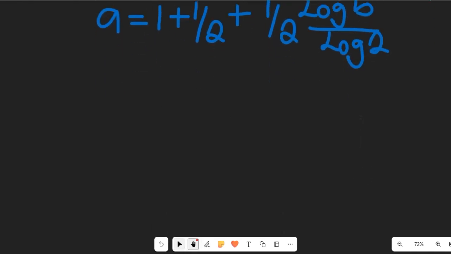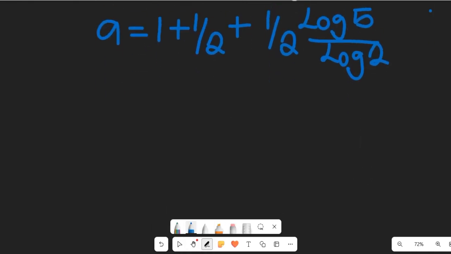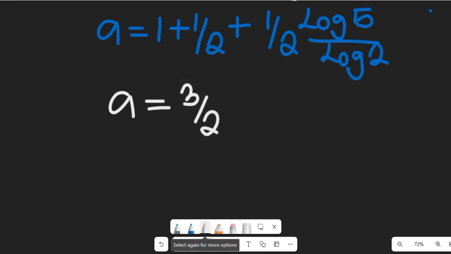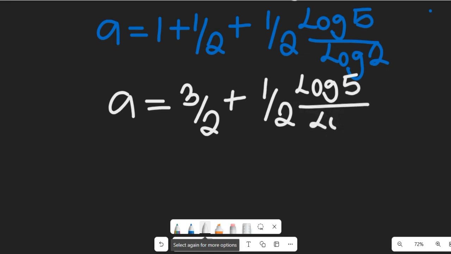So in the next step, if I add these two values, I'm going to have my a to be equal to 1 plus half is going to give me 3 divided by 2, right? If you use your LCM, and this will be equal to plus 1 divided by 2 log of 5 divided by log of 2.